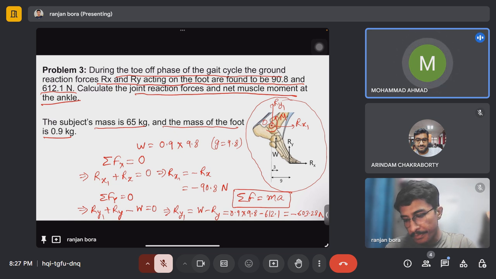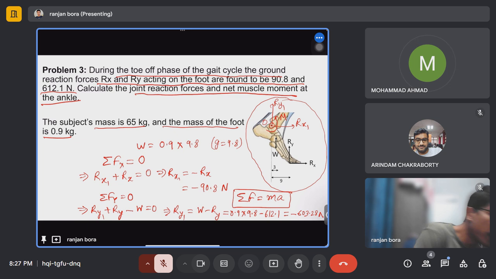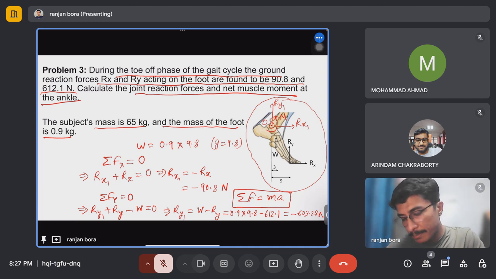Sir, why have you taken W as 0.9? I think it must be the subject mass. No, for this problem we are taking the foot as our system, and the point shown here is the center of gravity of the foot. Why is the subject mass not considered here?